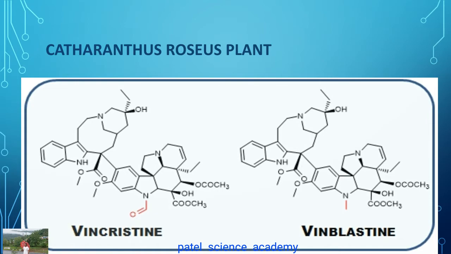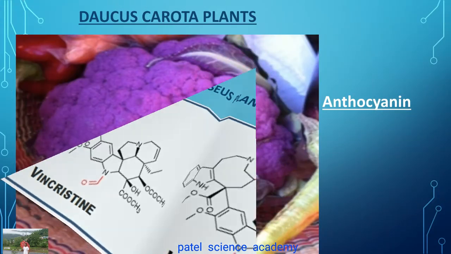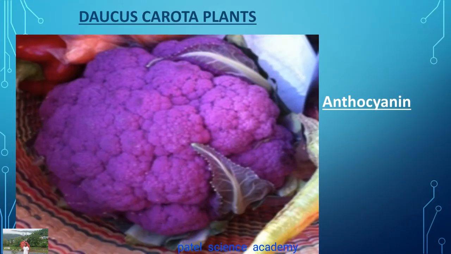In Catharanthus roseus plants you can see vinblastine and vincristine as secondary metabolites. Then the Daucus carota plants, anthocyanin as a secondary metabolite of these plants you can see here.